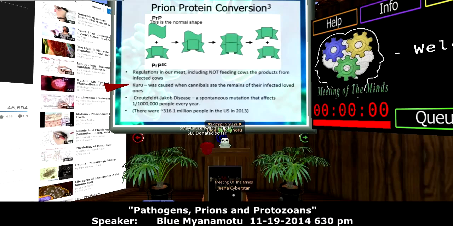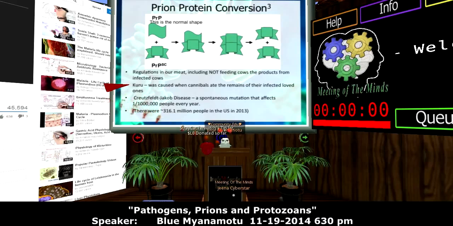And before you judge, this is not one of those cannibals that would hunt down a bunch of people and eat their meat. This was cannibalism of when somebody died, they would eat their loved one's remains, because that was a way of letting them live on in other people. So what ended up happening is that when people died from prions, they would eat the remains and obviously get sick, and it would continue to pass on.